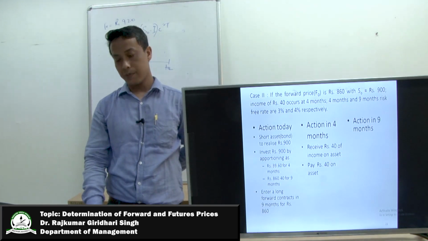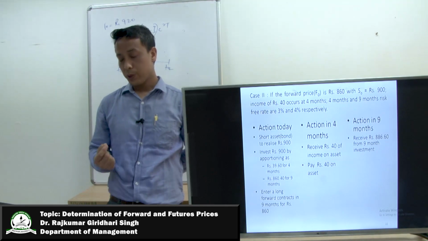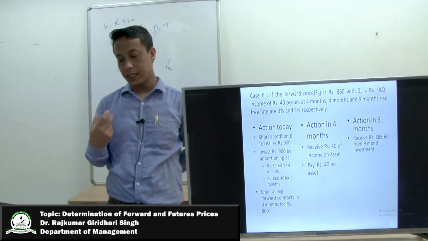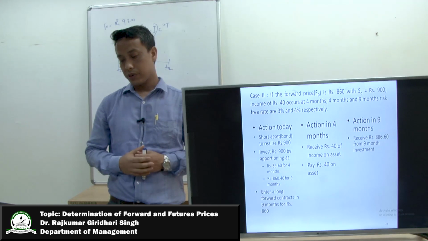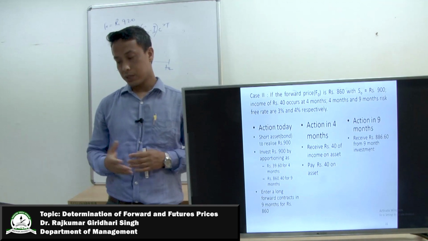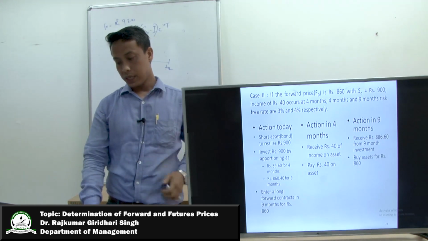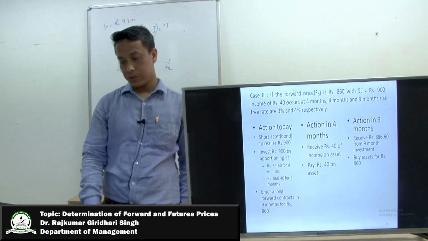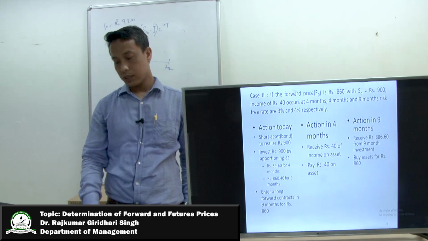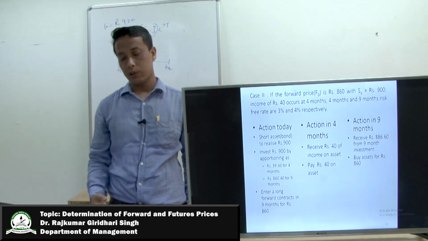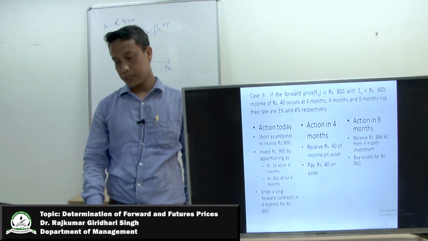Then in 9 months time, we receive rupees 886.6. We receive this from the second investment portion, which was rupees 860.4, right, for 9 months. Out of this money that we receive, we can buy the asset, and we are able to buy this because we already have a long forward contract for rupees 860, right?